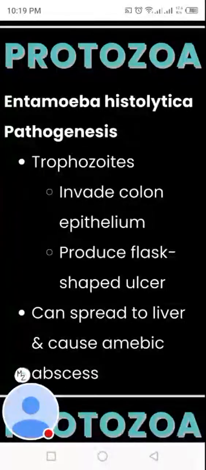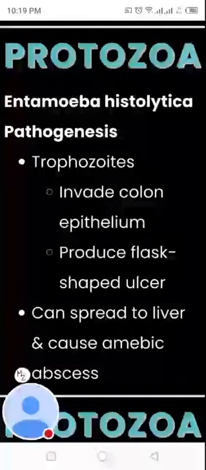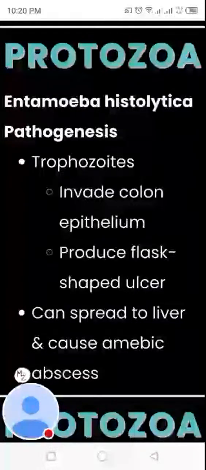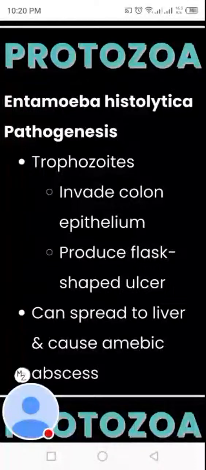If I say portal circulation, that is related to the liver. There we can say that Entamoeba histolytica is now going to cause a systemic disease in the liver, and that is termed amoebic liver abscess. It will cause abscesses in the liver, and these abscesses will be filled with what? The trophozoites of Entamoeba histolytica.